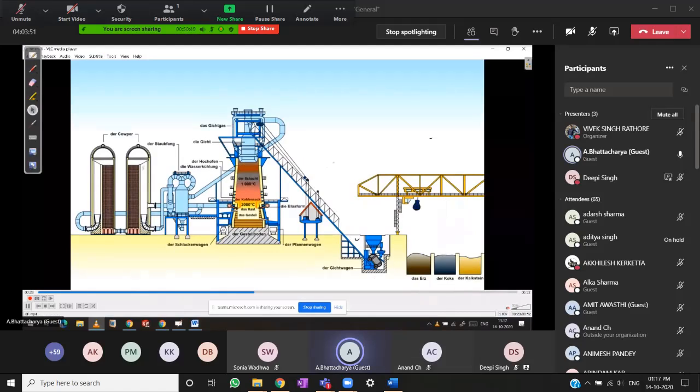More coke, and this is the calcium. Then it goes and pours the material inside the blast furnace. This goes on and on for 24 hours, the functioning of the blast furnace.